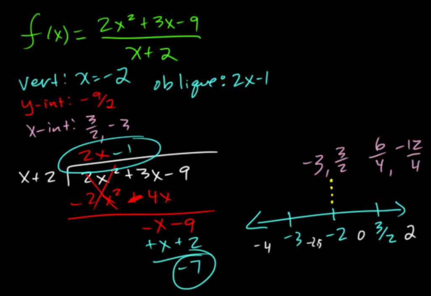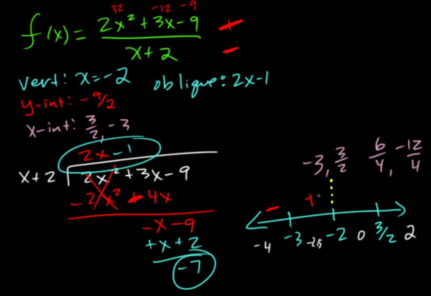Okay. So if I plug in -4, it's going to be 16 times 2, so 32, -12, -9. Overall, that's definitely a positive number. Plug in a negative here, it's negative. Positive divided by negative is negative. If I plug in -2.5, what am I going to get? Overall, bottom will be negative, top will also be negative.